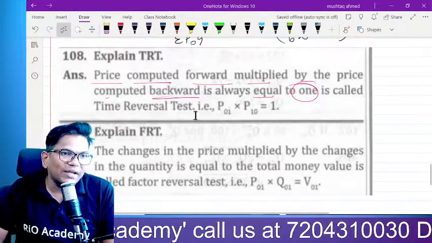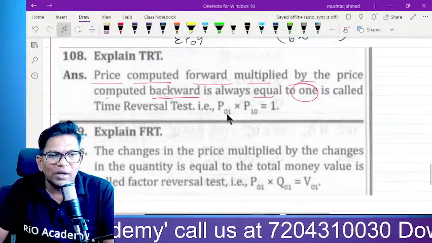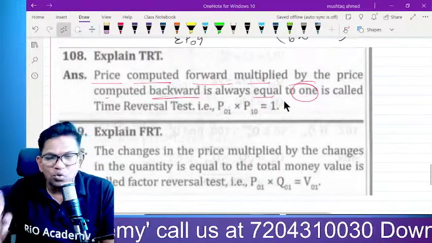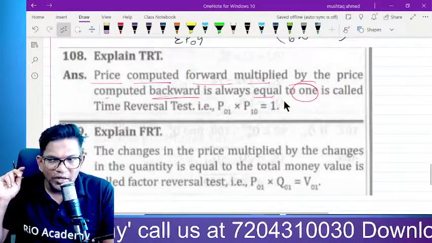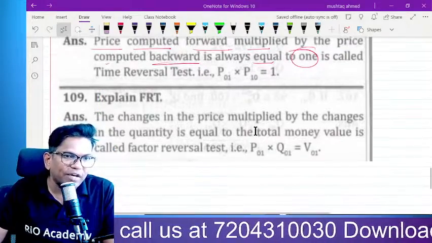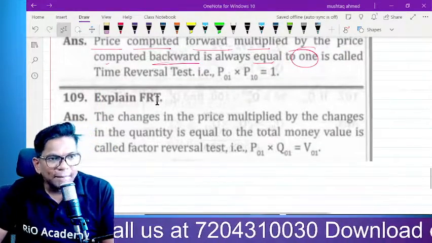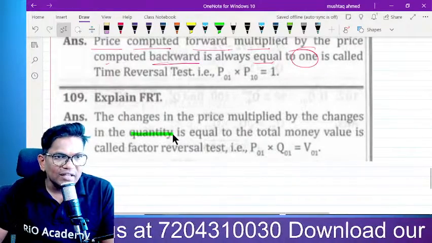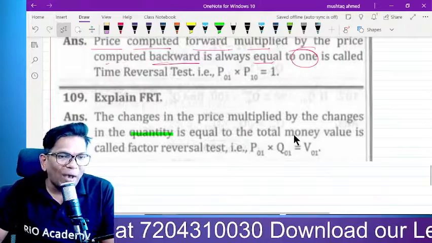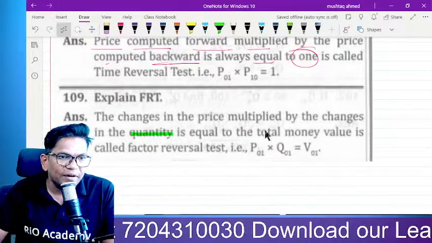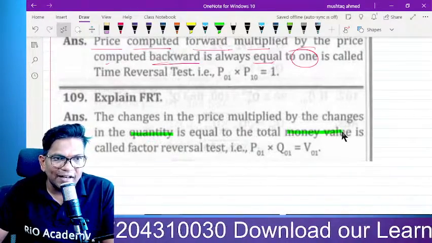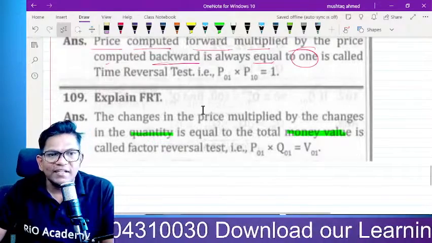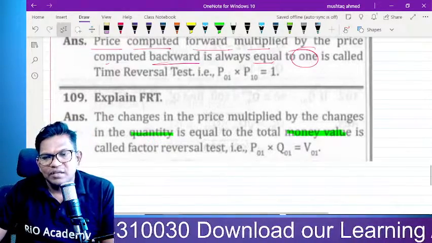So this is your time reversal test, that is P01 multiplied by P10 is equal to 1. Next is FRT. In FRT we multiply by the change in the quantity, and that equals the change in the value, that is price times quantity, equals total money value. This is called the factor reversal test.